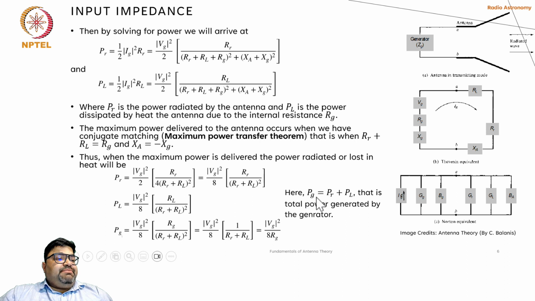So here Pg is equal to PR plus PL. That is the total power generated by the generator and dissipated as heat and radiated finally. So this is the maximum you can get if everything is matched.